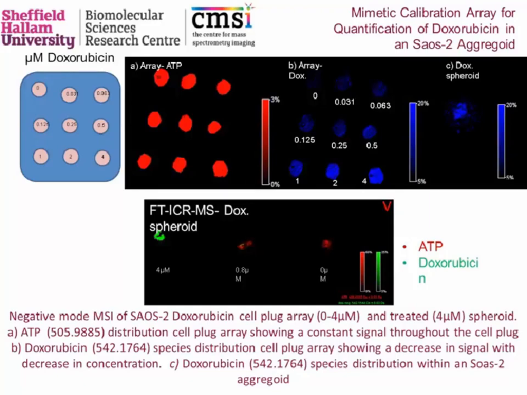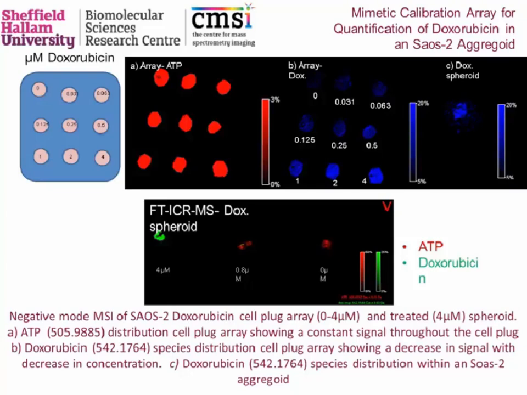So here's our first mass spec imaging experiment, and again it's a quantification experiment. So rather than use a calibration array created by spotting, here we've made use of the mimetic array idea that was initially produced by Steve Castellino at GSK. And that is, in our case, we've got cell plugs rather than homogenates of the cells.